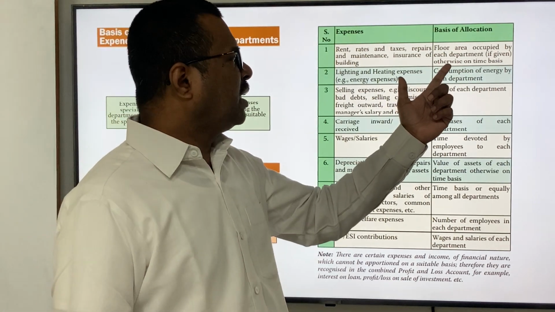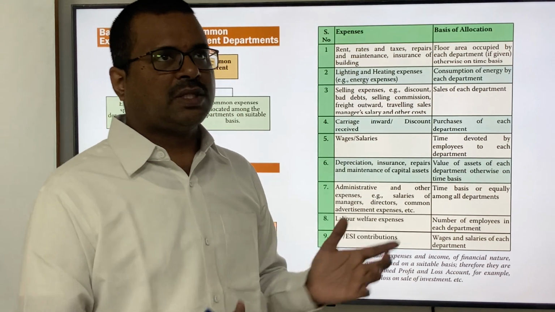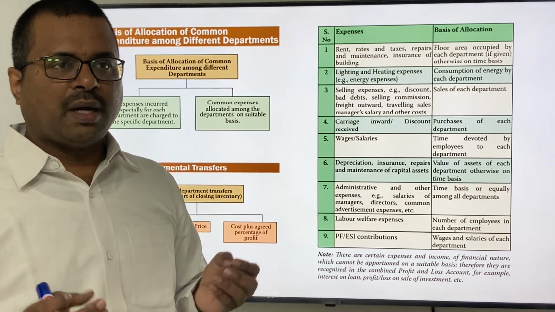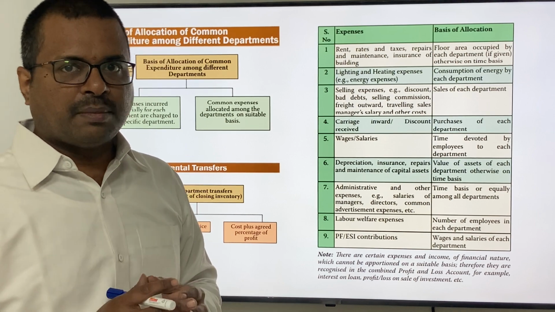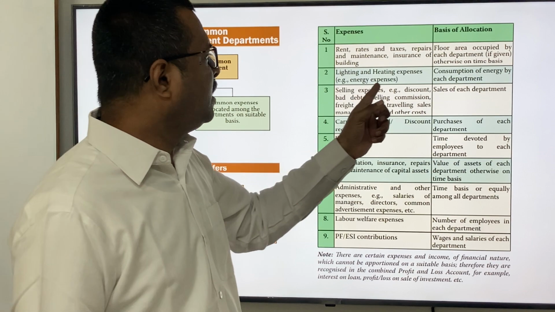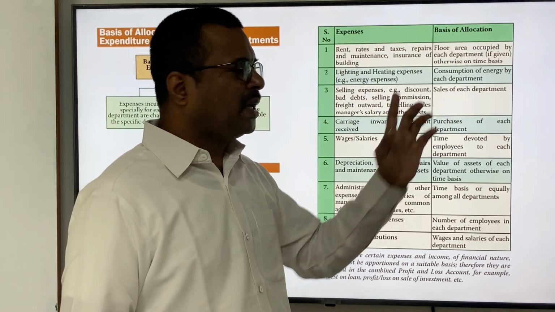In case floor area is not given, then it can be allocated on the basis of time, how much time they have used that particular space. Then that much rent can be allocated to that department and accordingly to other departments. Lighting and heating expenses are allocated on the basis of consumption of energy by each department.